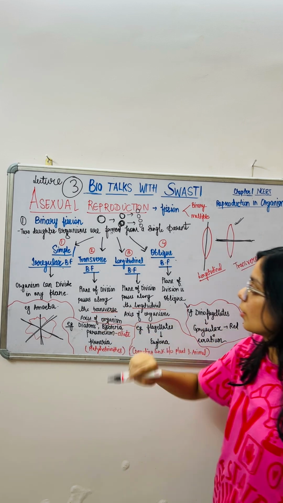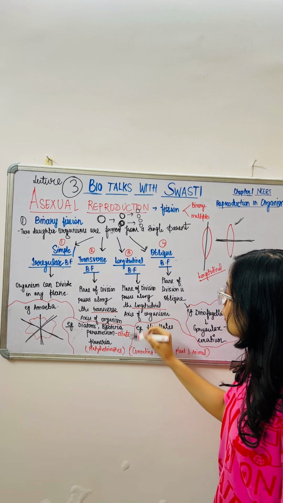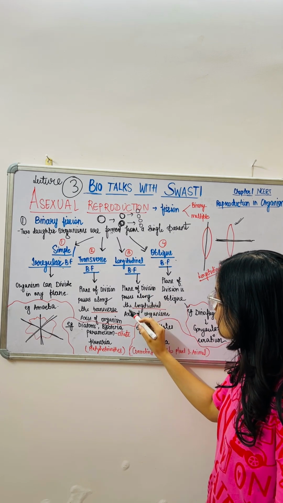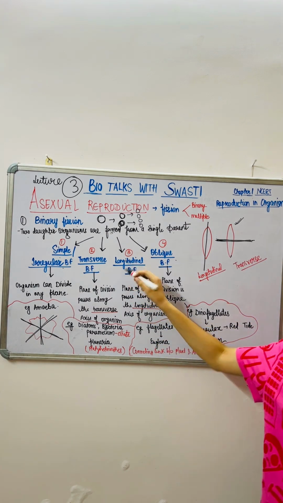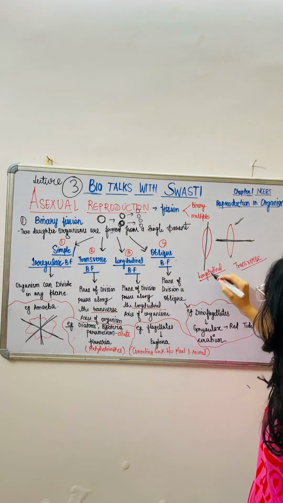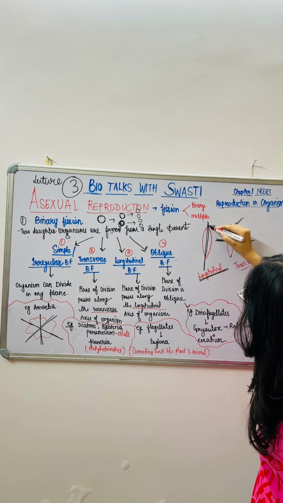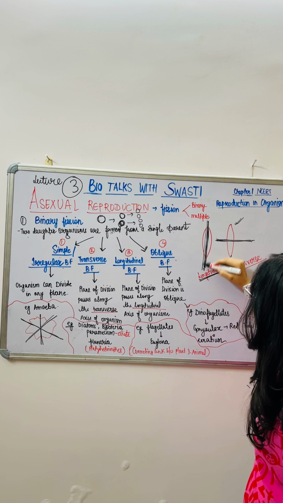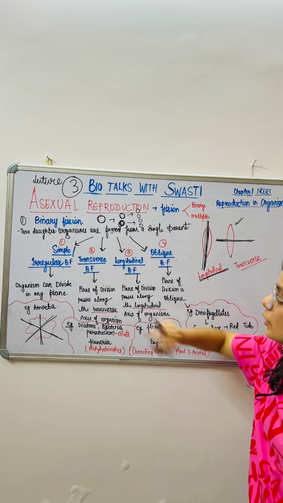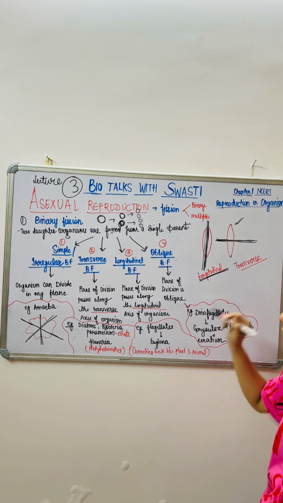Now let's come to longitudinal binary fission. In the longitudinal binary fission, the plane of division passes along the longitudinal axis of the organism. Now to understand this better, you can see this diagram. In this, this is the vertical axis, which is the longitudinal binary fission, and in the transverse this is the horizontal line.